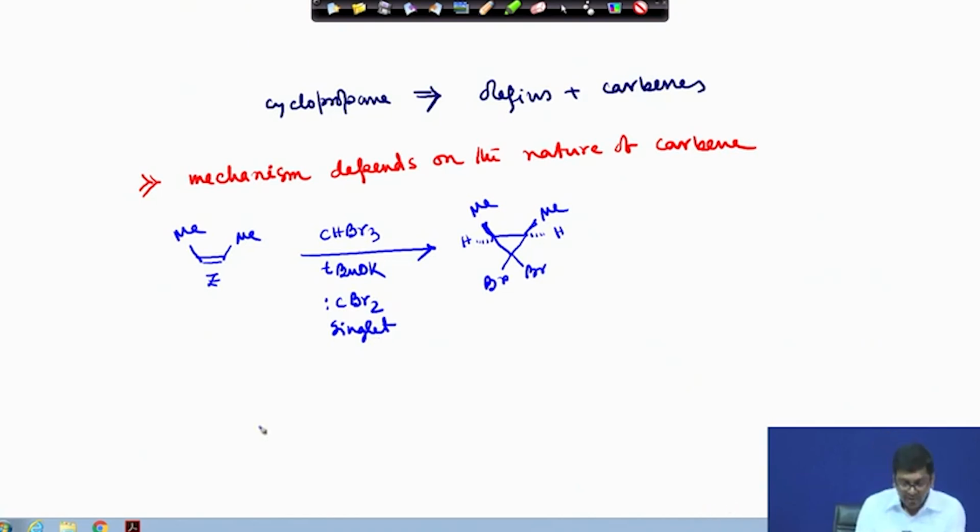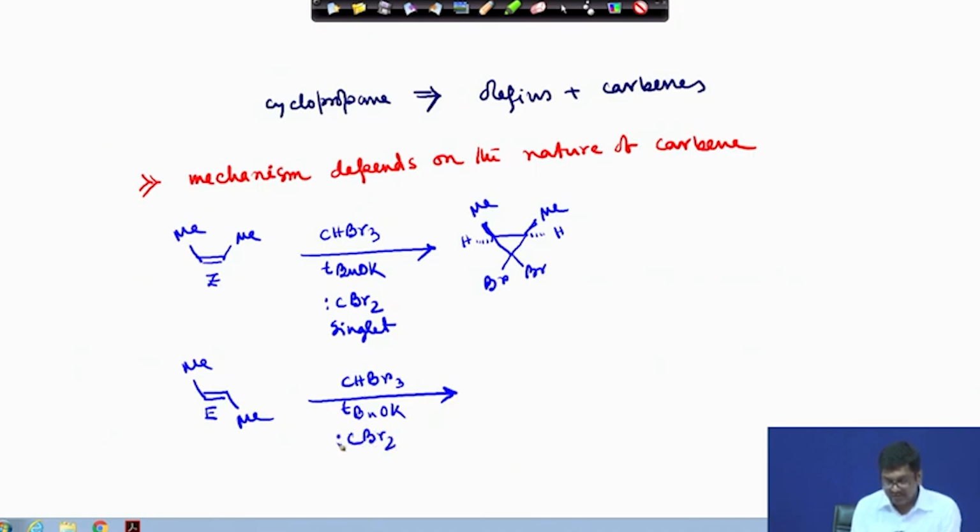Fine. Now, if we take this E olefin and under similar conditions, that means with this singlet carbene, what we found is the product is like this.